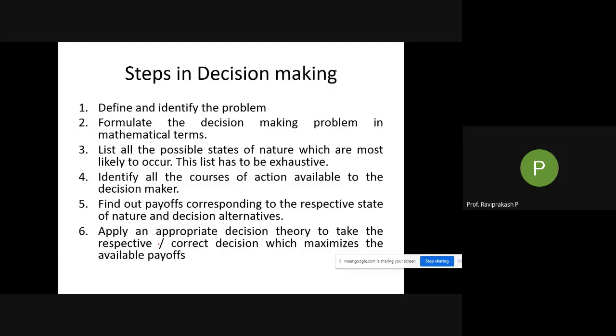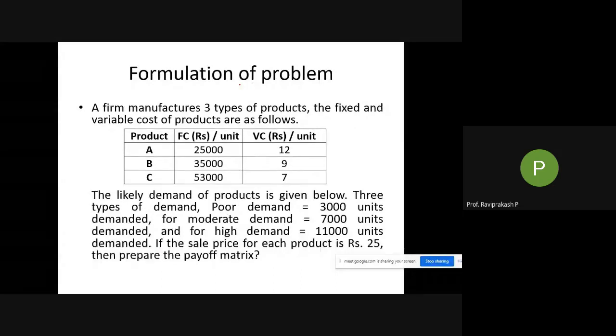So this is a formulation problem. You can take down the formulation of a problem. A firm manufactures three types of products.